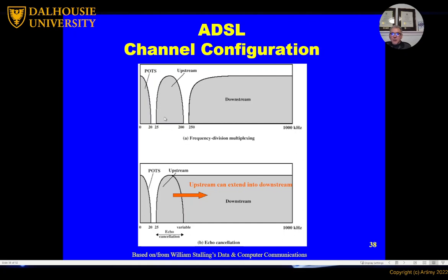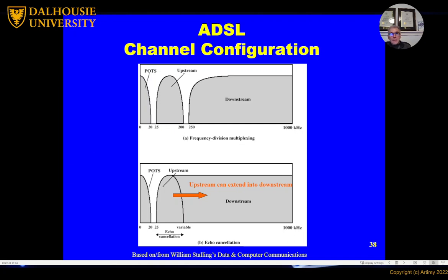This line itself has certain frequencies, and a certain bandwidth was allocated specifically for the voice. We know that the voice needs about from 20 hertz to 3200 hertz. So old phone systems were designed to specifically carry these frequencies.